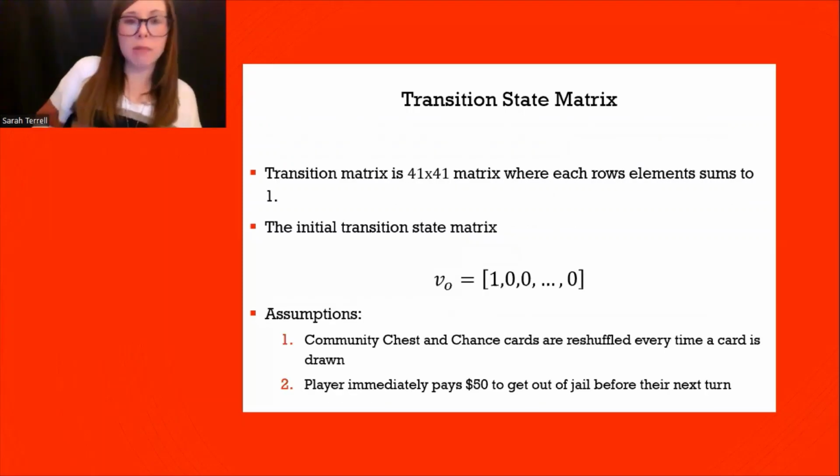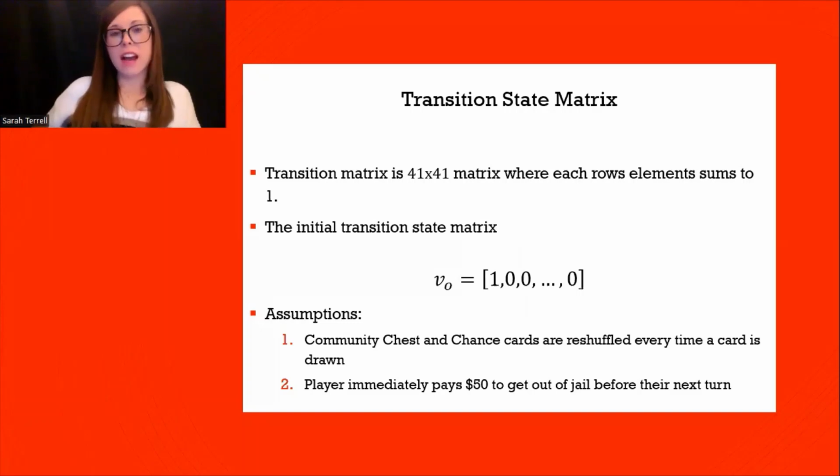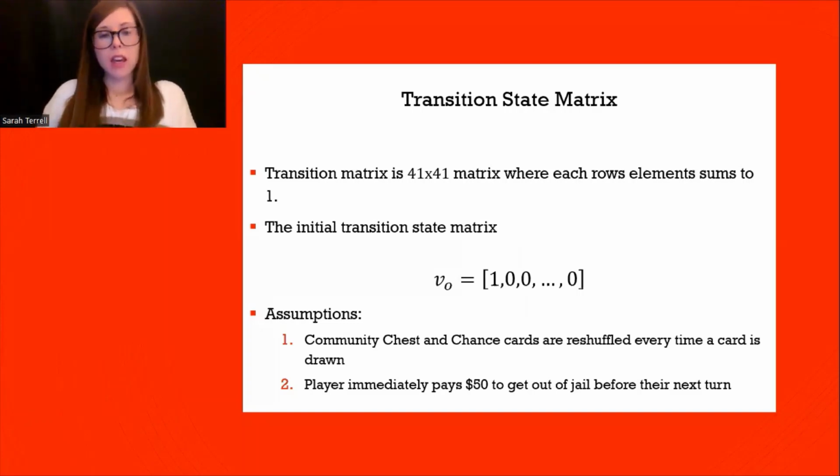So some assumptions that I ended up having to make are that Community Chest and Chance cards are always reshuffled every time a card is drawn, and that a player must immediately pay $50 to get out of jail before their next turn. The reason for that is it simplified the overall probabilities associated with each row within the transition matrix.